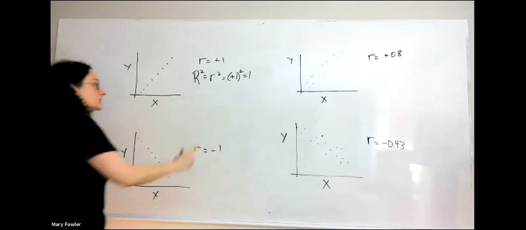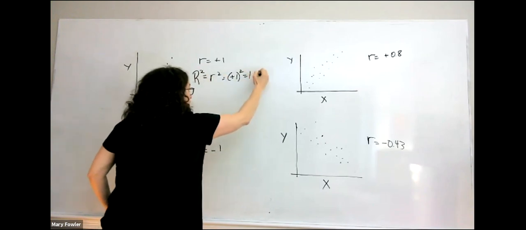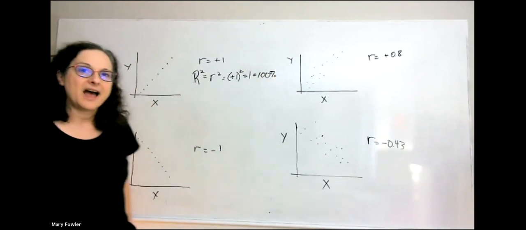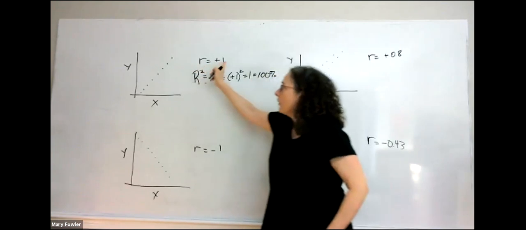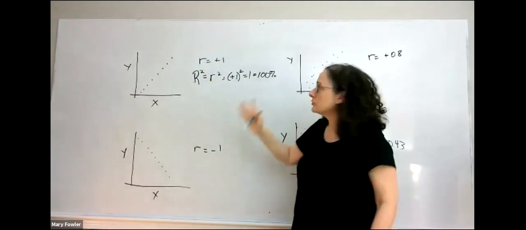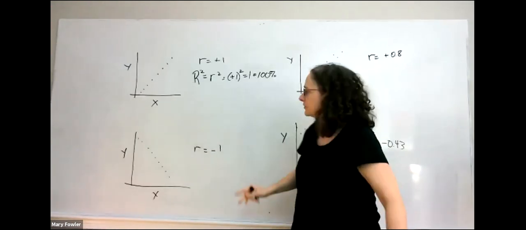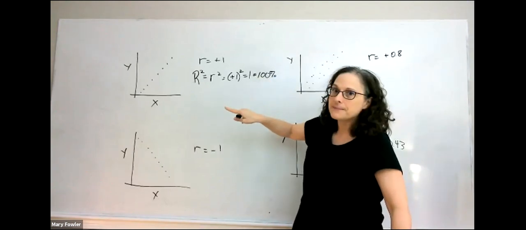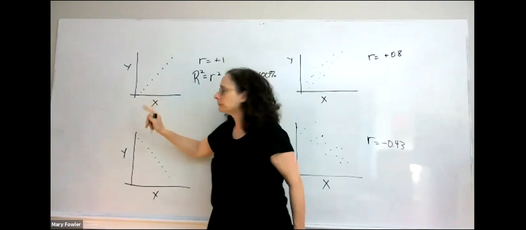That coefficient of determination is 1, but coefficients of determination are presented as percents. So R squared is going to be 100%. That's usually how these are communicated, in percents, because it's the percent of the variability in the Y data that's explained by the X data.